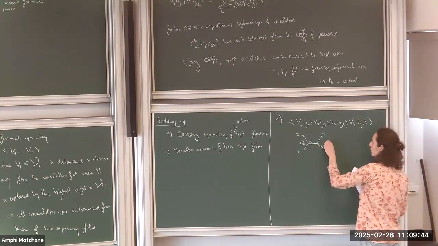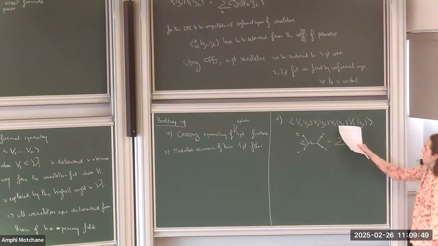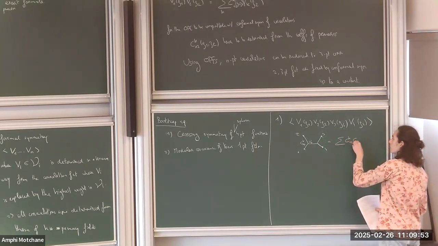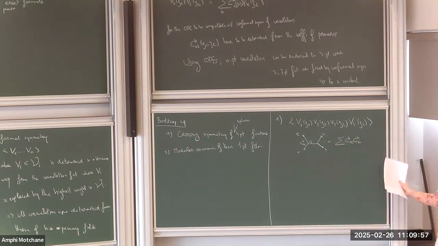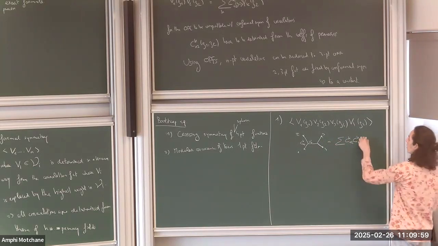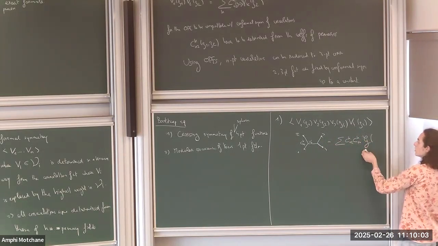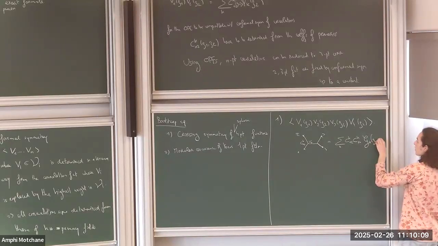So what this graph means is that I have written this 4-point function as a certain sum, C_K12, C_K34, times a certain dependence on the position, which I will call just G_K of z1 to z4.